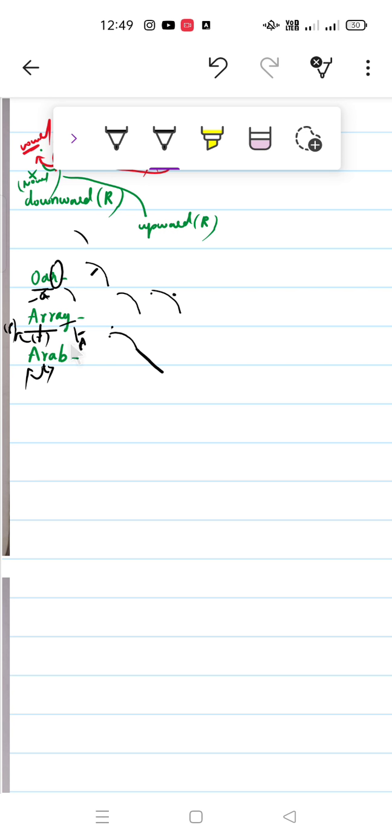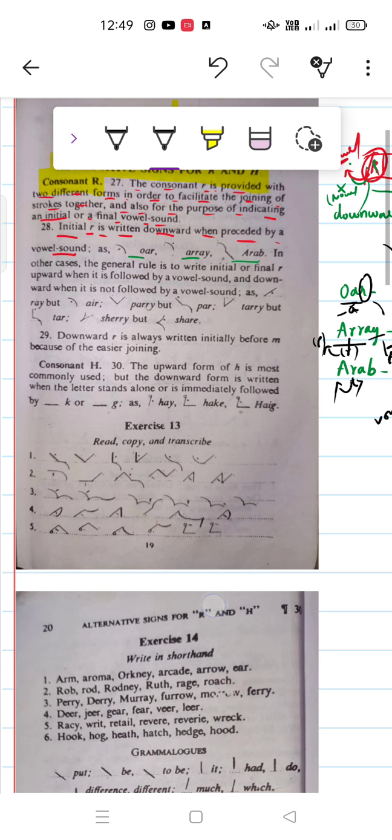In this manner, whenever initial R is preceded with a vowel, we have to use downward R. In all other cases, the general rule is to write initial or final R upward when it is followed by a vowel sound, and downward when it is not followed by a vowel sound.